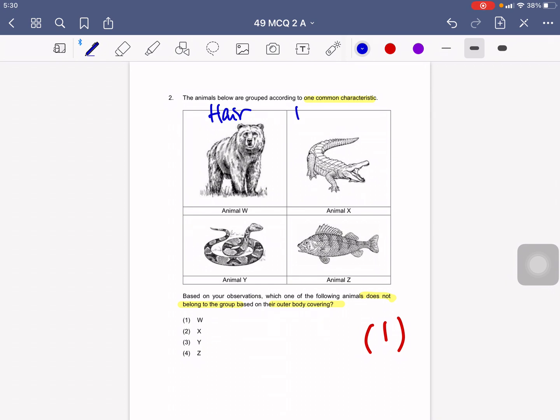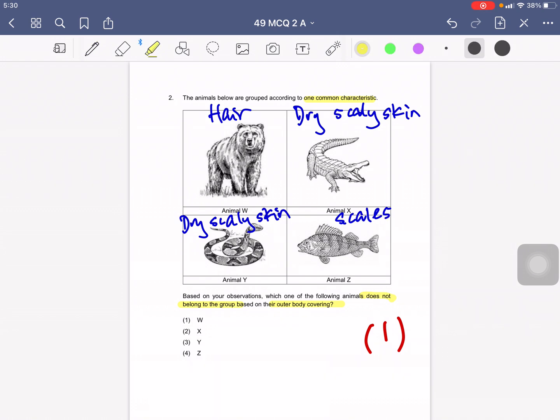Reptiles have dry scaly skin, and fishes have scales. So the only animal here that doesn't have scales is the bear, animal W. So the answer is 1.